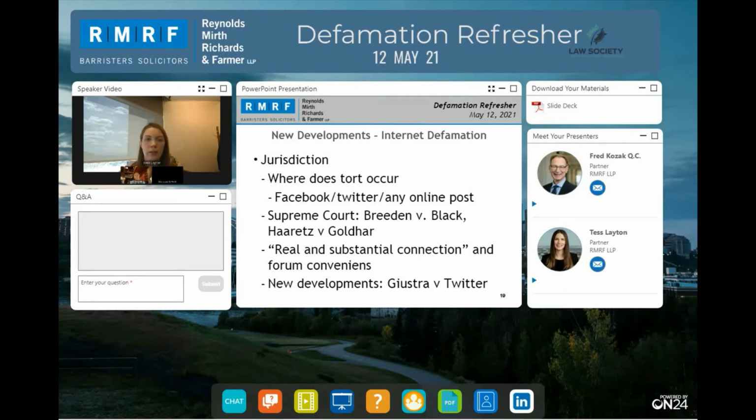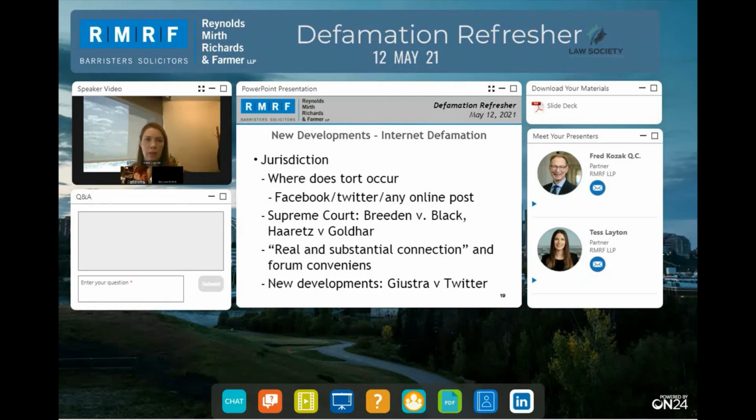So we'll contrast that with Justra and Twitter. The facts are very different in that case, but the court also gives some analysis about both the jurisdiction simpliciter and the forum non conveniens test. Similar situation, it was an application to strike a claim brought by Mr. Justra.